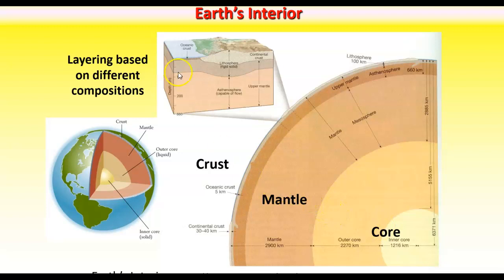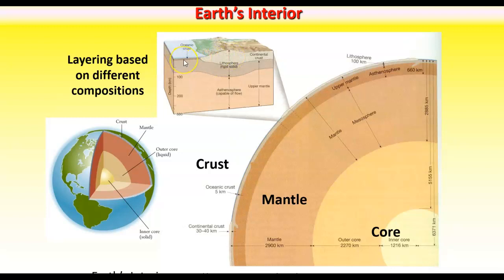Now, there is something when we look a little closer at the surface. One is that there are two different types of crust, even though initially we just define everything as the crust, this uppermost layer. There are two different types because they are also a different composition. And so if you look at this close up here, you can see that there's oceanic crust and there's continental crust.